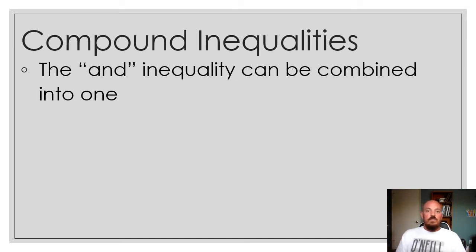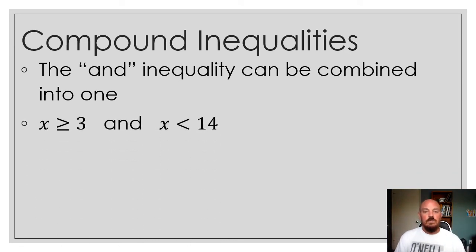Okay, so the "and" inequality, because you're talking about one series of numbers that is both things, you can actually take those two and combine them into one. So let's take a look at the one we just talked about. We had x is greater than or equal to 3 and x is less than 14.